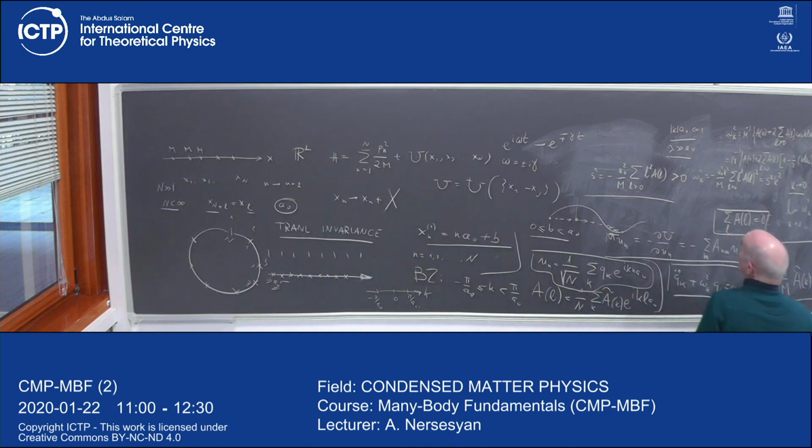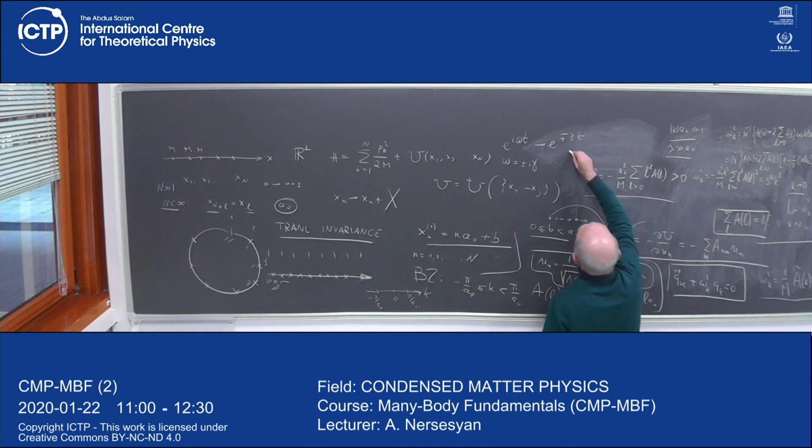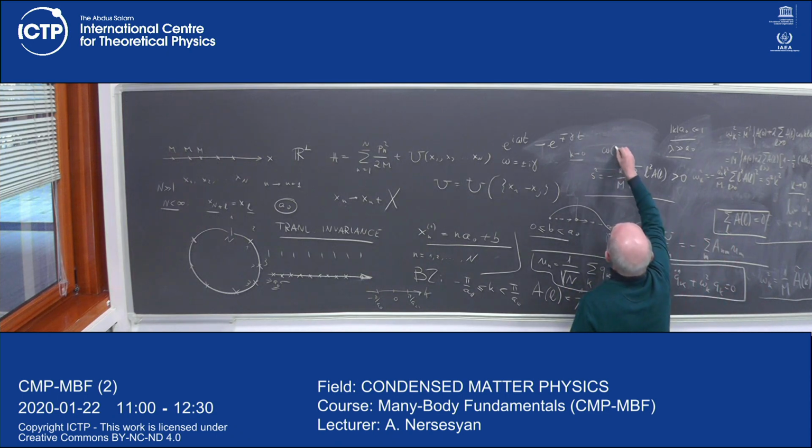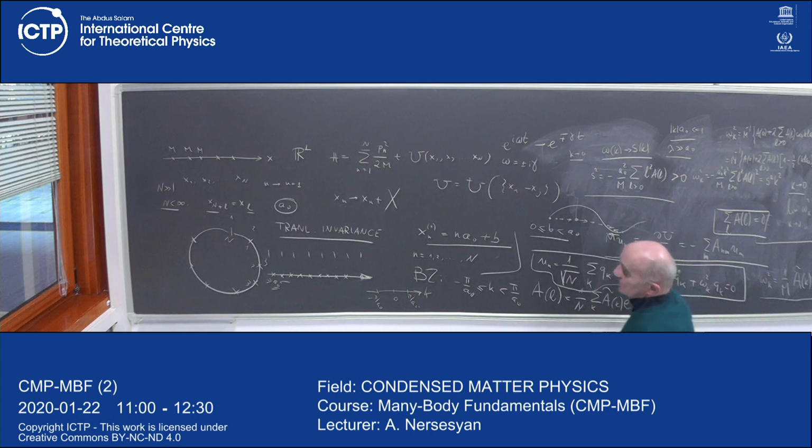So the conclusion, therefore, is when k goes to 0, the frequency of these excitations of this wave goes to zero linearly with some proportionality coefficient which is called the sound velocity. It's a linear dispersion.